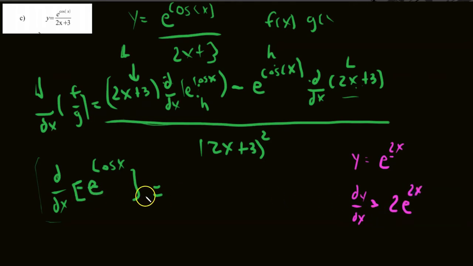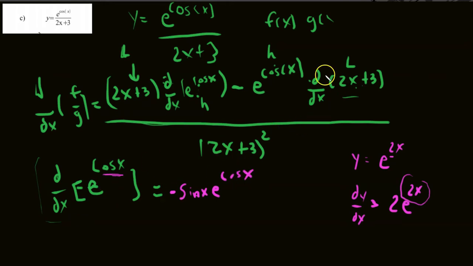Same concept here, except you also have to take the derivative of this cosine x, because that's exactly what we did here. You take the derivative of the exponent, bring it to the front, multiply by the original function. So we'll take the derivative of the exponent, negative sine x, bring it to the front. Easy stuff. Multiply by the original function. There you go. That's that.